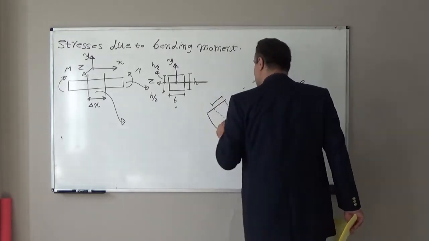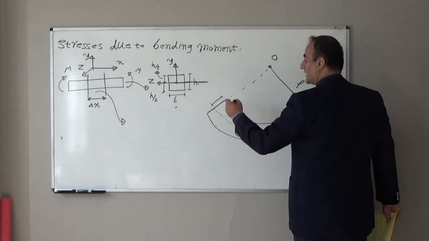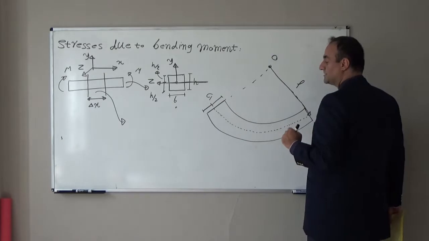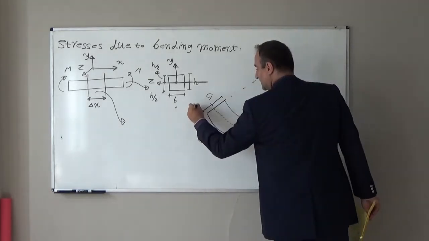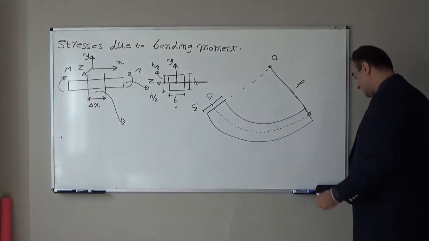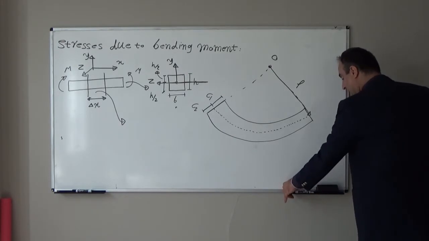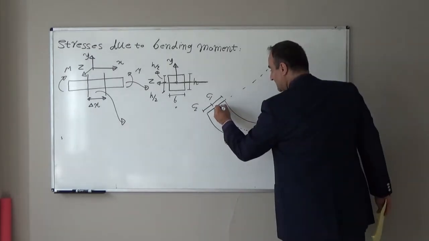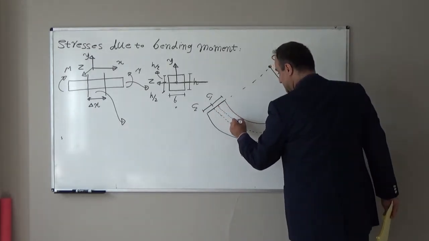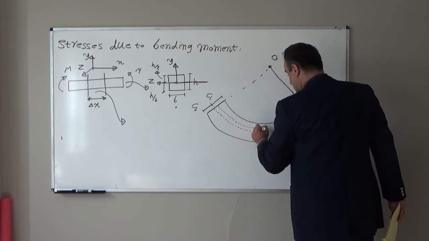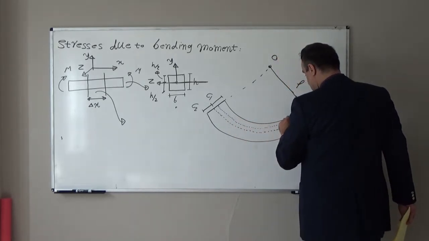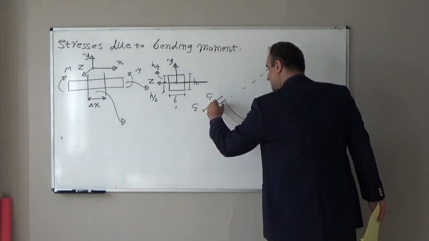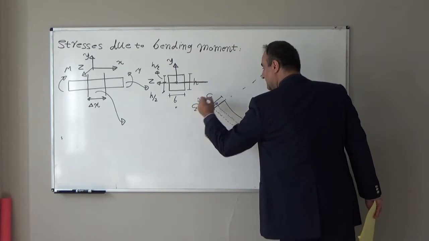From the neutral axis to the extreme top fiber, I call the distance C1. To the other extreme fiber, I will call the distance C2. I assume another fiber, this fiber, whose distance from the neutral axis varies, and I call it y.